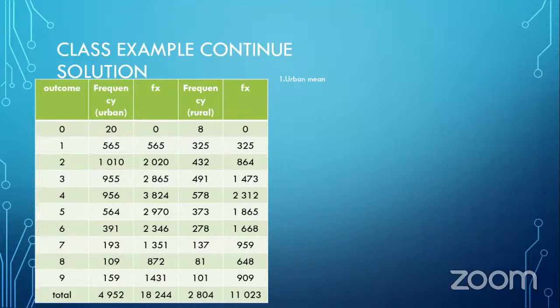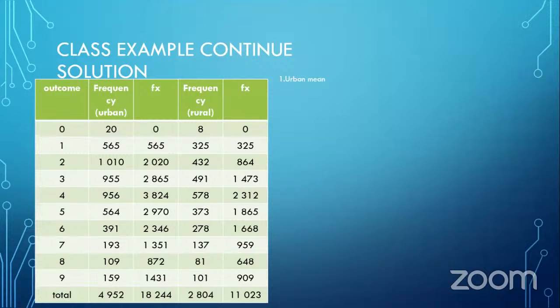So now we're going to calculate the urban mean, meaning we're calculating the mean for the urban area. What did we say the mean was? The mean is the sum divided by the number of items, like 1, 2, 3 divided by 9. Nine is the amount of items.